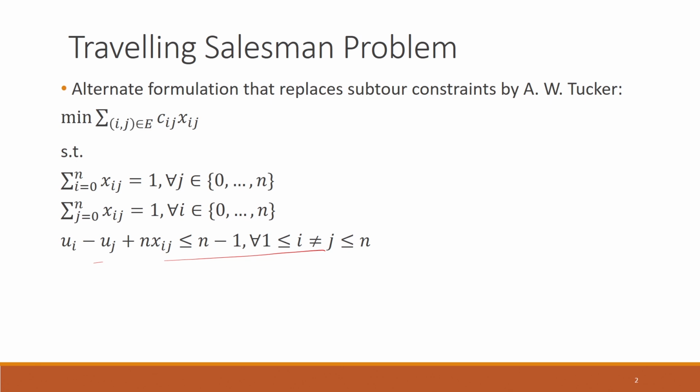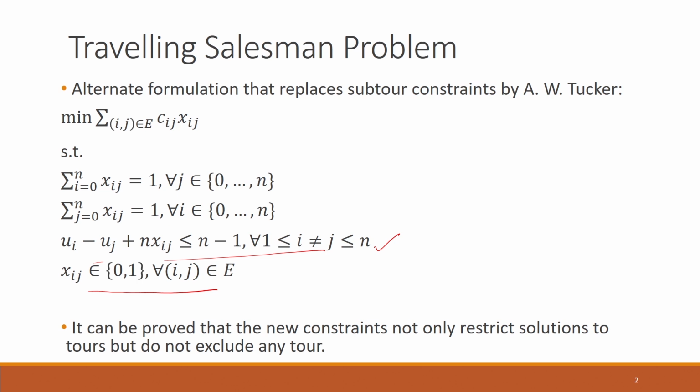Here these variables ui and uj are not restricted to be integers, so they can take any real values. And then we have these constraints that xij is binary, so it can only take the value 0 or 1 for all set of edges i and j. So, we will be discussing this new set of constraints where we have ui minus uj plus n xij less than or equal to n minus 1. We will be focusing more on this.